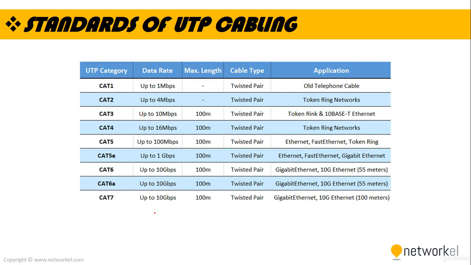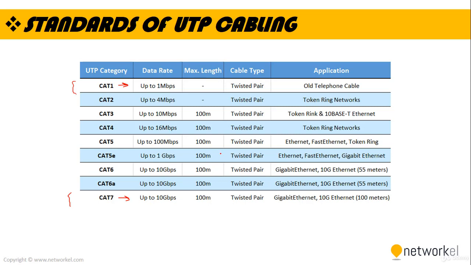And here are the standards when we are using UTP cabling. UTP categories start with Cat1 and finish with Cat7. We have various data rates for each category, as you can see. For example, if you are using Cat1, you can get up to 1 megabit per second, but if you are using Cat7 cable, you can get up to 10 gigabit per second.